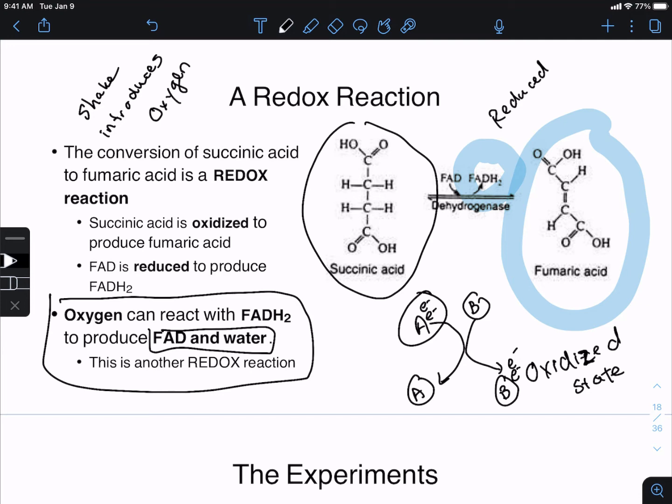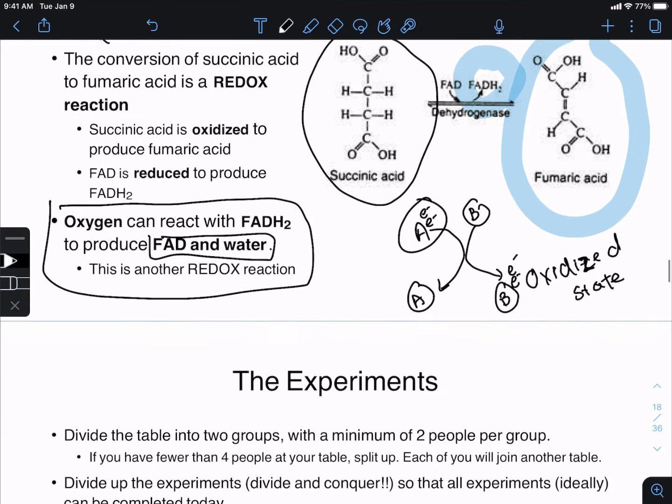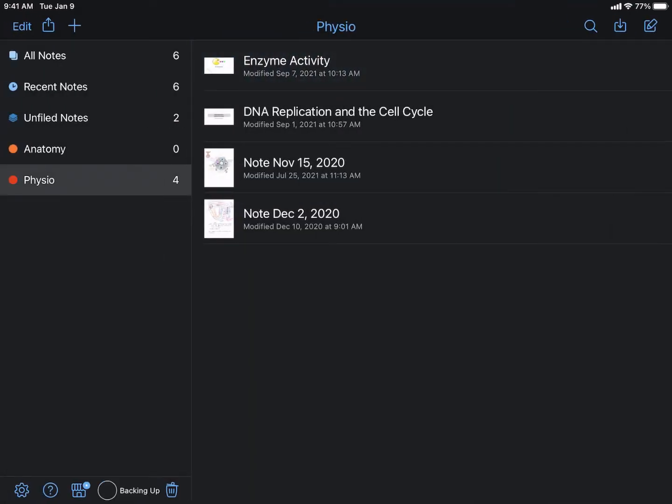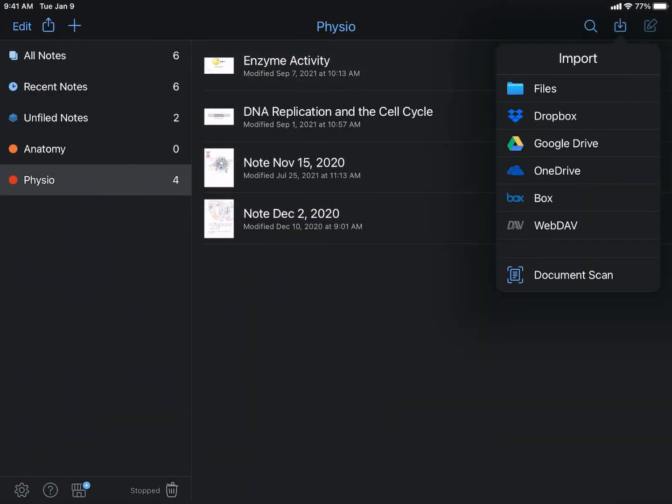So keep that in mind when you are writing your data up and analyzing your data and trying to figure things out. That's actually an important little detail there. One other thing I want to mention, and for this I actually think I'm going to go over here and open up a new slide really quickly, is what happens when FADH encounters a molecule that is usually not found in the cell.